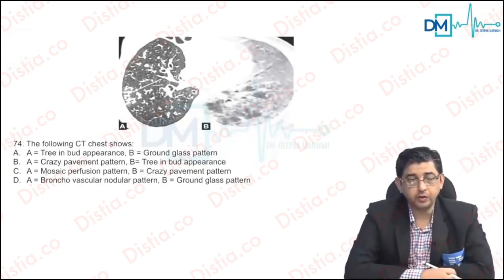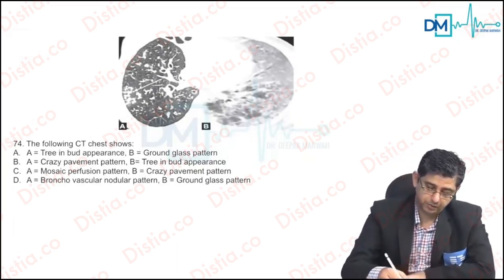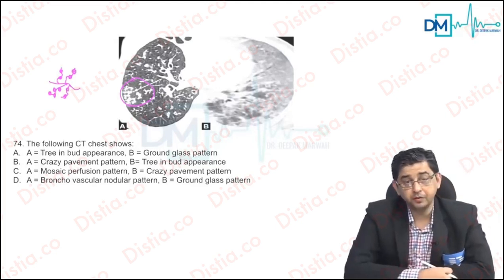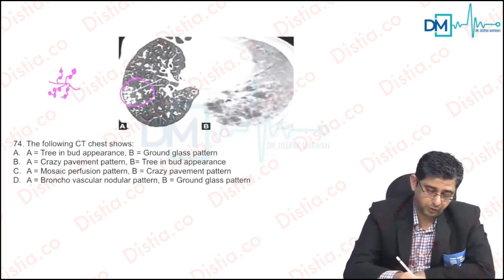This is a feature in endobronchial tuberculosis, tree in bud appearance, this area. This is like the tracheobronchial tree. And then we have this tree in bud appearance. So tree in bud appearance is a characteristic feature seen with endobronchial tuberculosis.